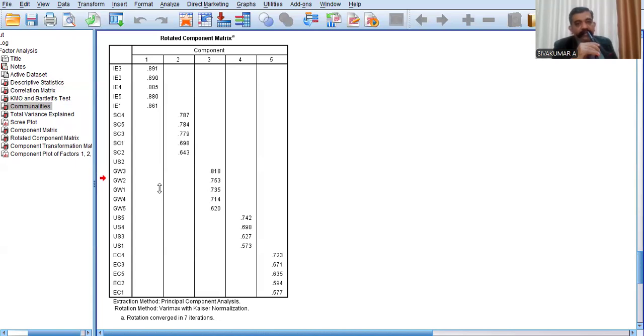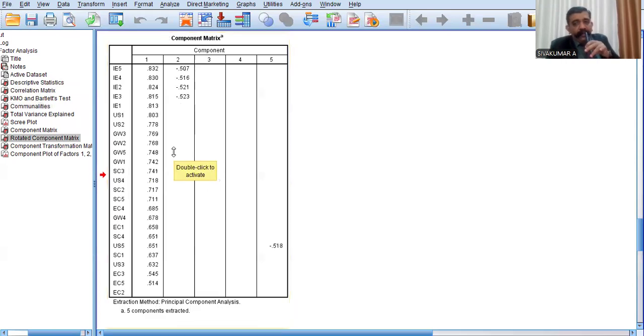That means some sort of values are related with factor 2, factor 3, factor 4, and factor 5. The square of the factor 1 value plus the square of the factor 2 value plus the square of the factor 3 value plus the square of the factor 4 value plus the square of the factor 5 value is known as communality.